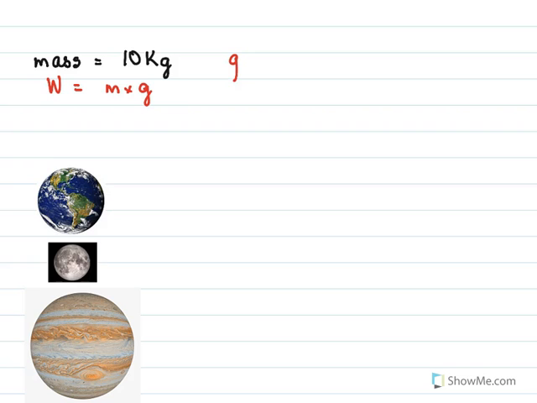Now the acceleration due to gravity of a planet is given by the formula g equals G, the gravitational constant, times the mass of the planet over the radius square of the planet. So the acceleration due to gravity of a planet will depend on two factors: the mass of the planet, and the radius of the planet.